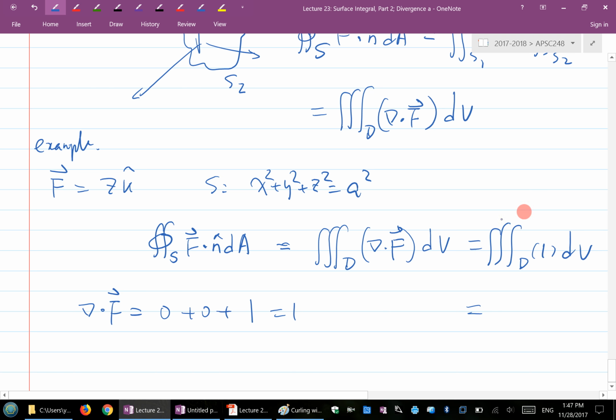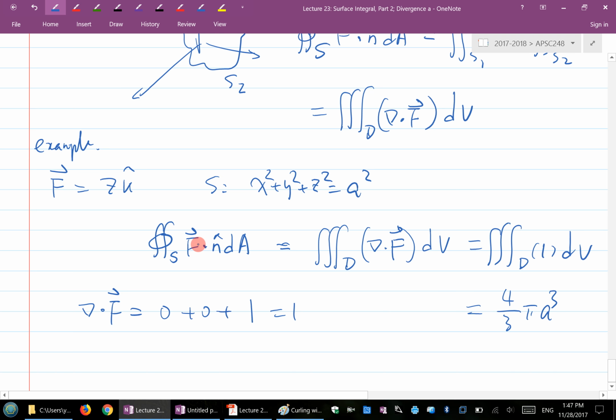This essentially refers to the volume of this sphere, and the volume of the sphere is four thirds pi a cubed. So that seems to be less computation than carrying out the surface integral, right?